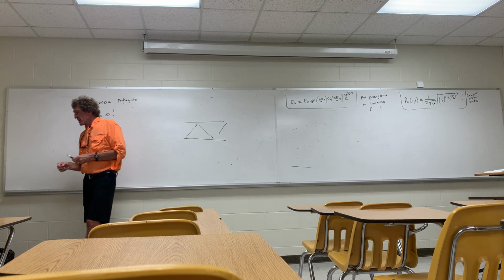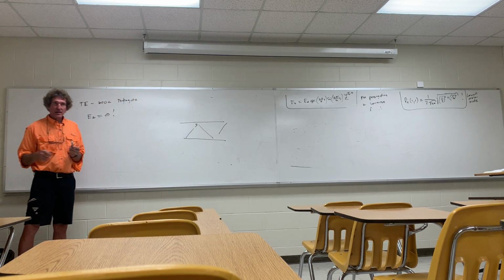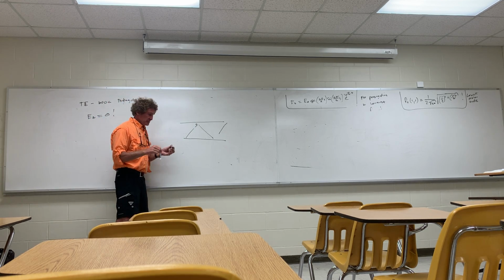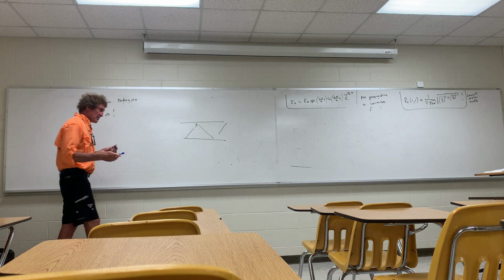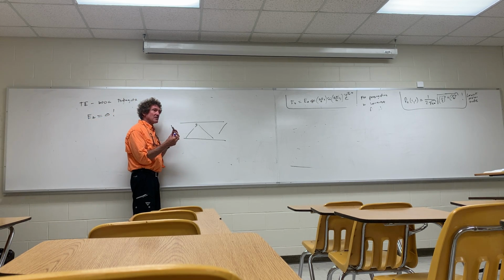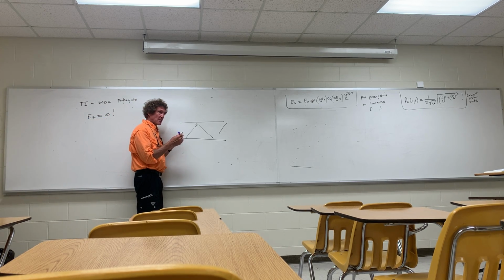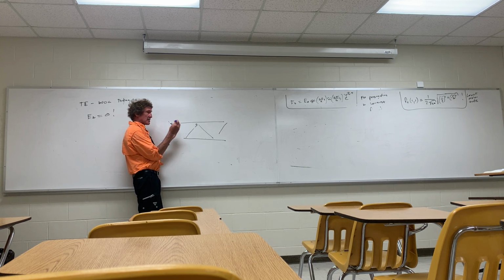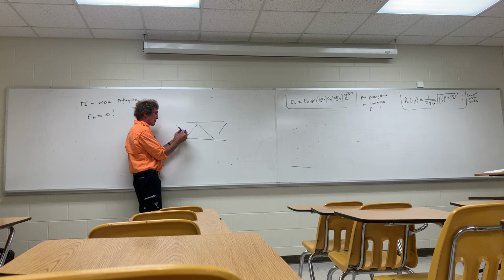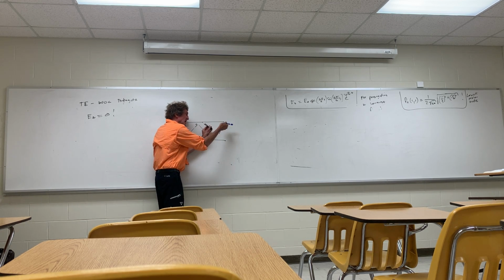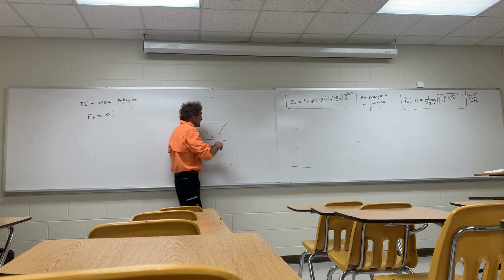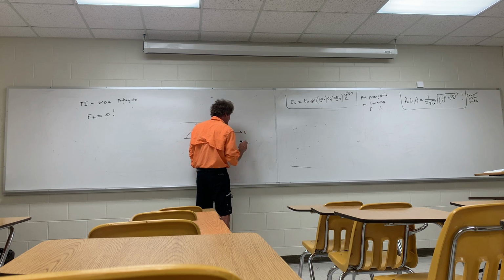So, we talked about TM polarization, and I said for TM polarization, there's no magnetic field in the direction of propagation, right? So the magnetic field, if this blue marker is the magnetic field, is out of the board. I have E cross H, and there's nothing in the direction of propagation. And this would be the Z direction.